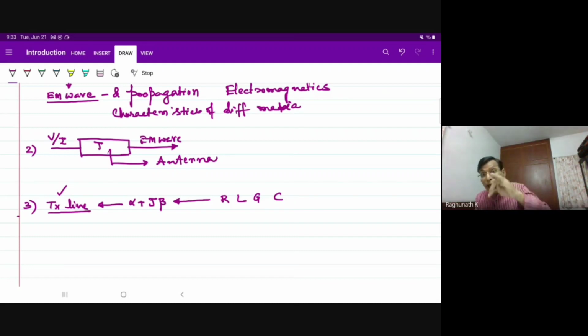For a given coaxial cable using a specific set of material having specific dimensions, as I told you, from the basics of electromagnetics, I will say what is the resistance per unit length of that line, inductance per unit length, shunt conductance per unit length, all per unit length quantities I will determine. I will also check whether it is non-distorting or not using the formula LG equals RC or not.